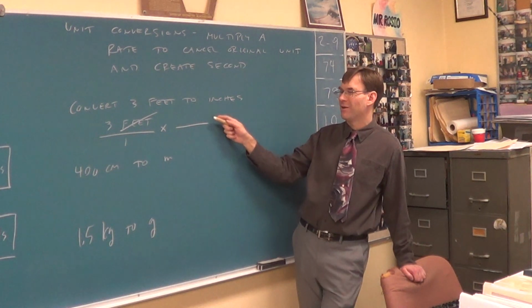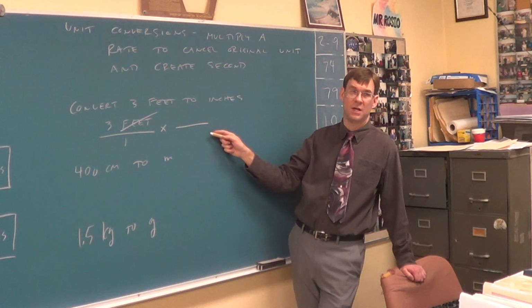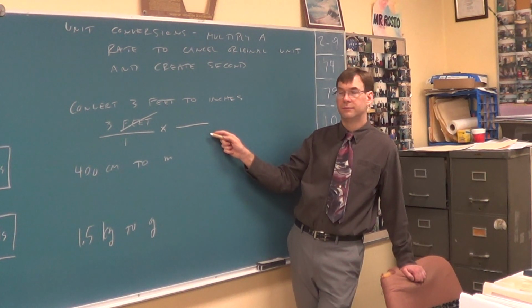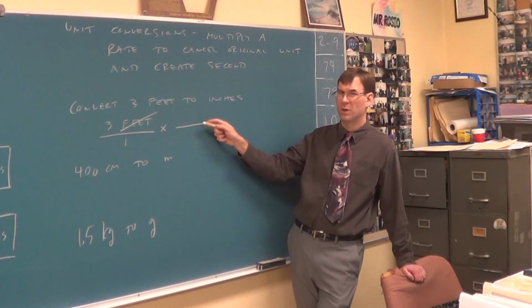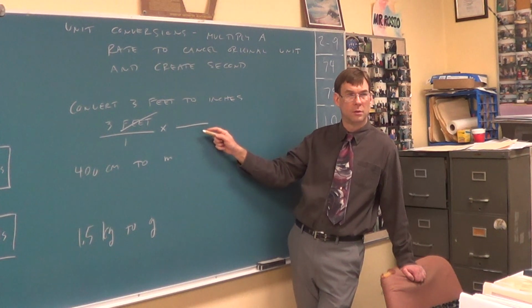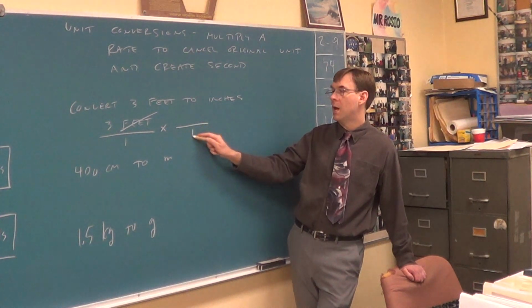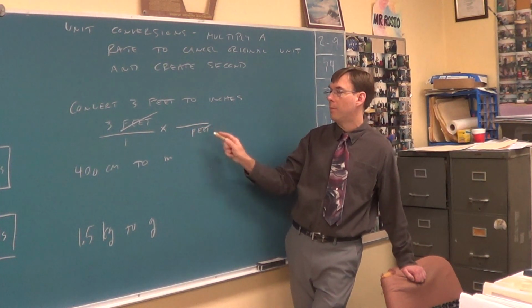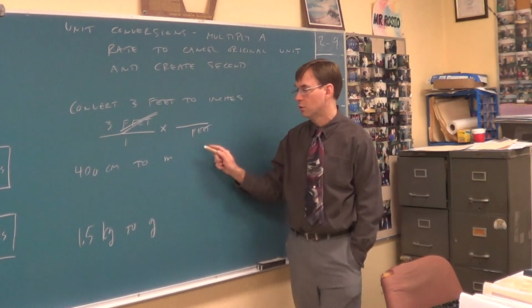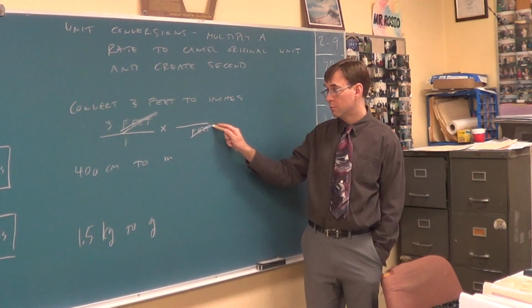So how am I going to create an ability to cancel feet? Where would I have to put something here for feet to cancel? No numbers, just put feet first. The bottom. I want to put feet on the bottom because tops can be canceled by bottoms.